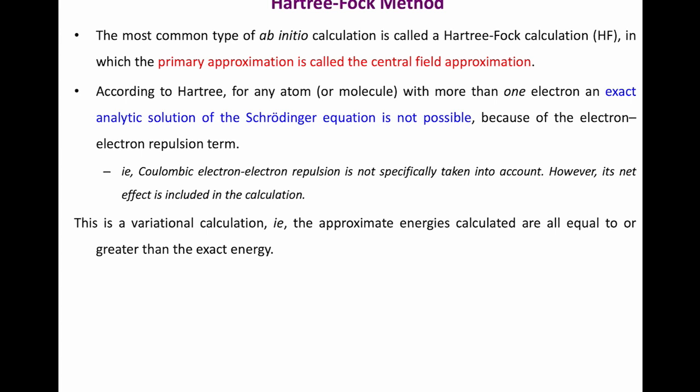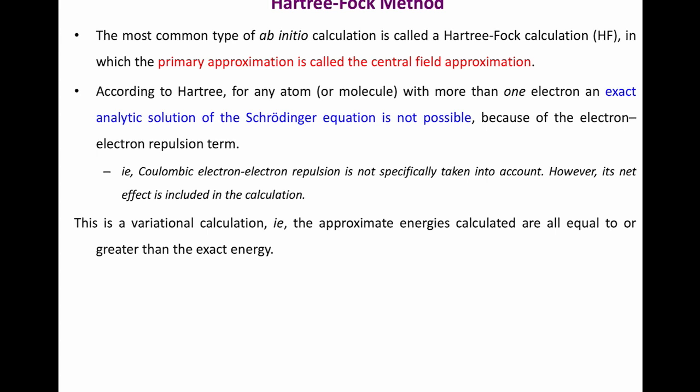That means in the primary Hartree-Fock approximation, we neglect the individual electron-electron repulsion, and we only consider the total electron-electron repulsion interaction as a sum of interactions.